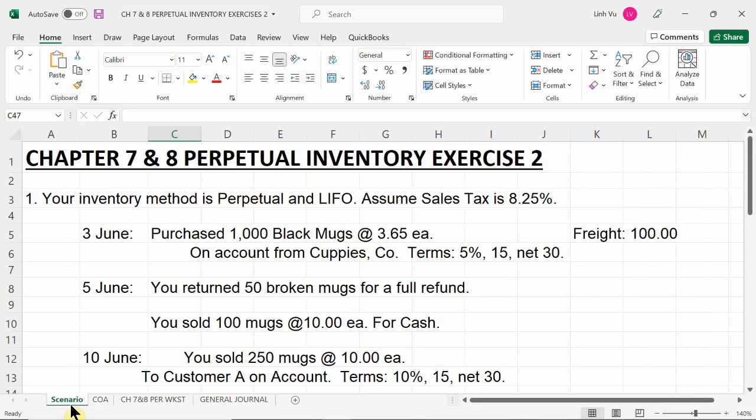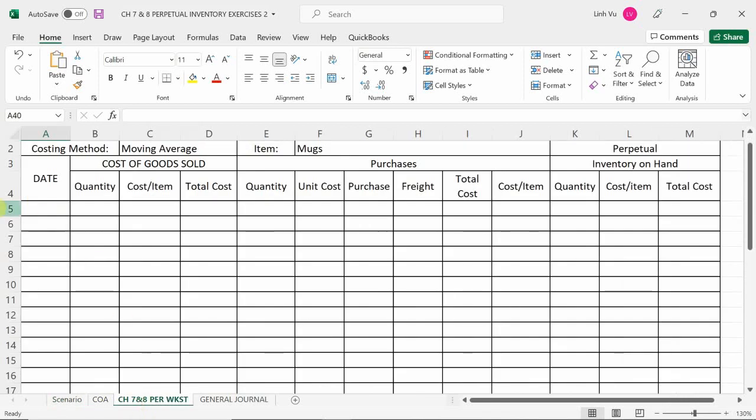All right. So then I'm going to plug it into my inventory worksheet. The date is June 3rd. We're going to skip over the cost of goods section here. For the purchases, we bought 1,000 units at $3.65 each, and my purchase price is going to be 3,650.